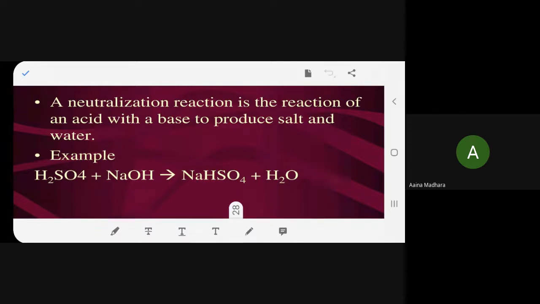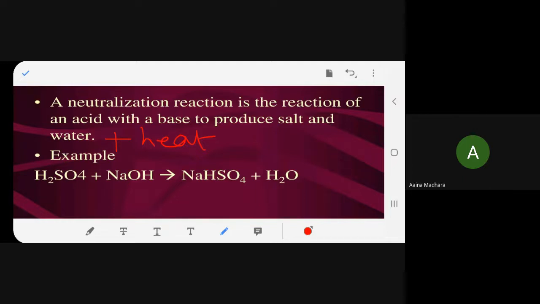So again, we are talking about the neutralization reaction. Acid and base are reacting, and salt and water are produced. And along with the salt and water, what are we getting? Yes, you're right. We're getting heat.